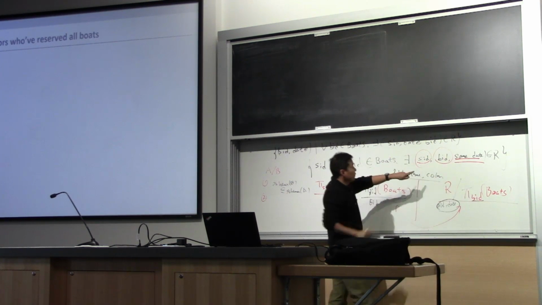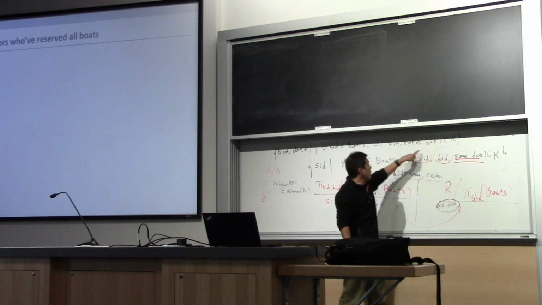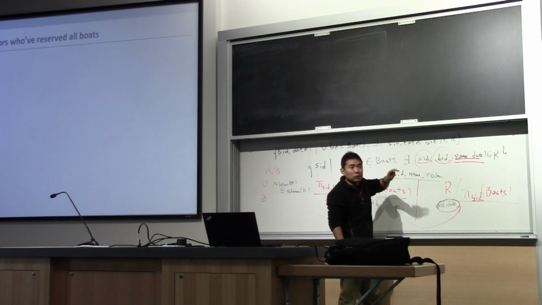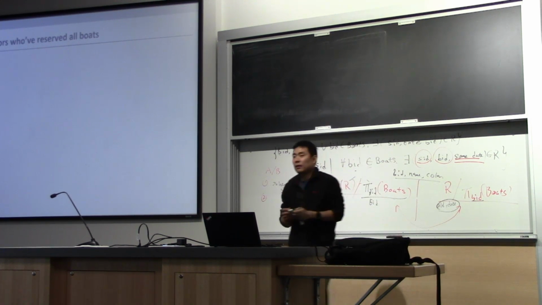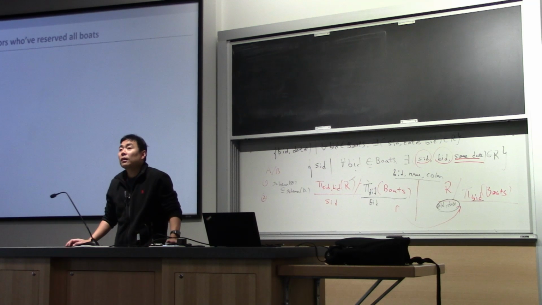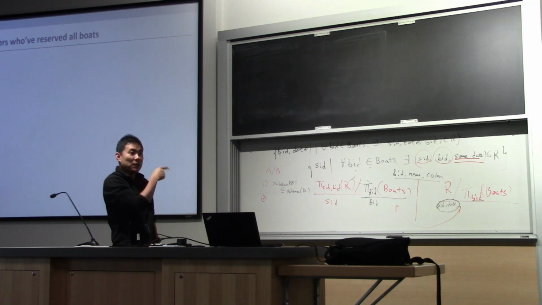Look at the difference of the two. Here is some date. I don't really care what date it is. Here is some specific date. Can you now tell me what's the difference of the two? So you get everything in R, basically. You get all the tuples of SID and date. Yes, that's the literal meaning of the output.